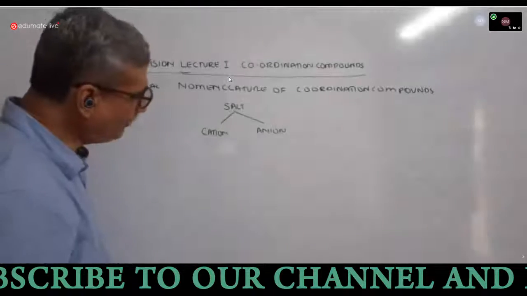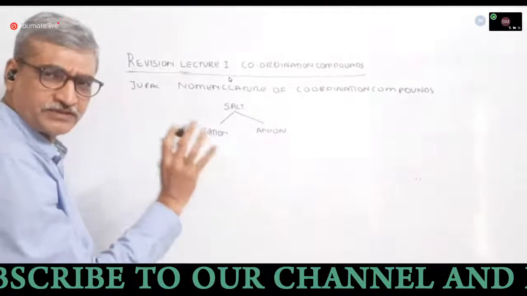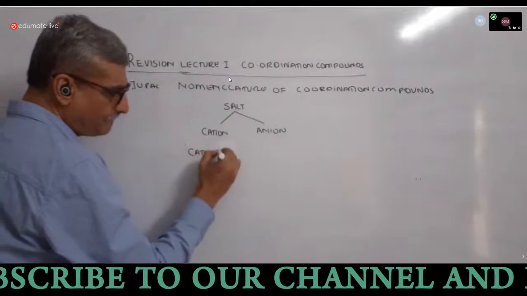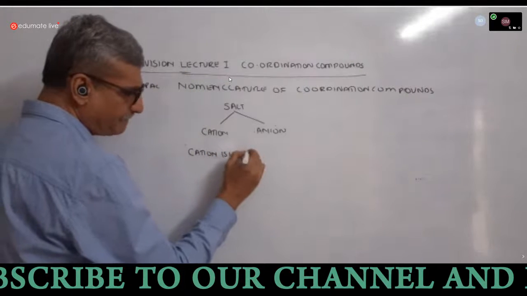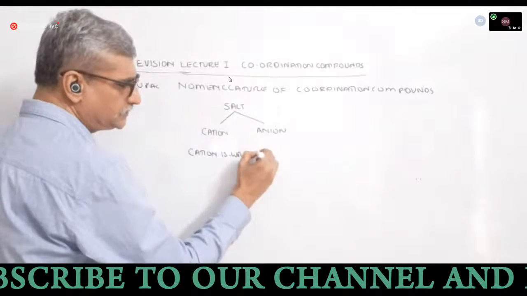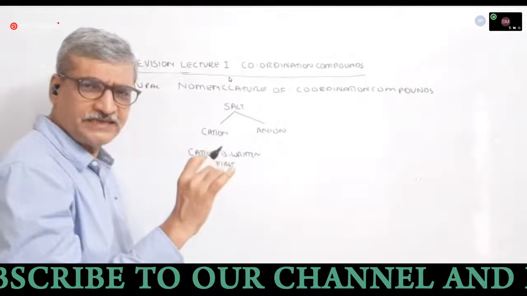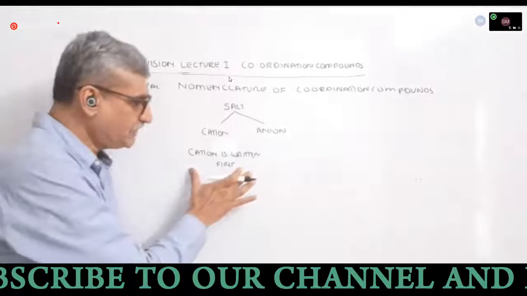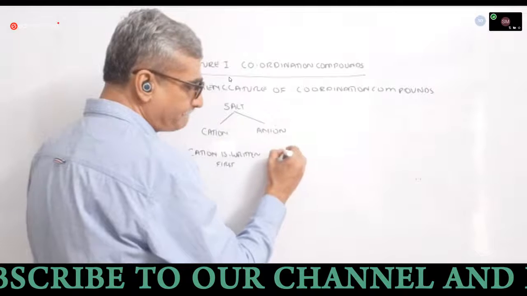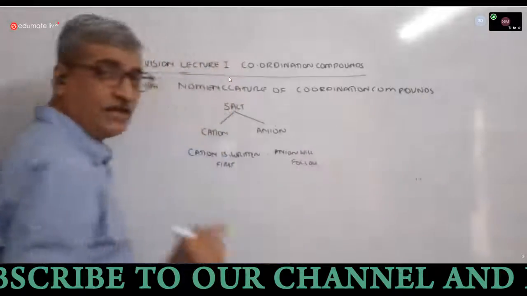Whenever you write the name of a coordination compound, the cation is written first, irrespective of whether it is a simple cation or a complex cation.